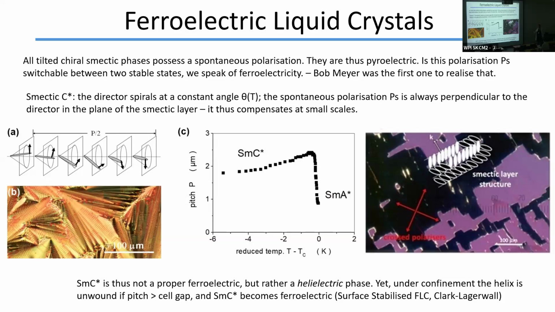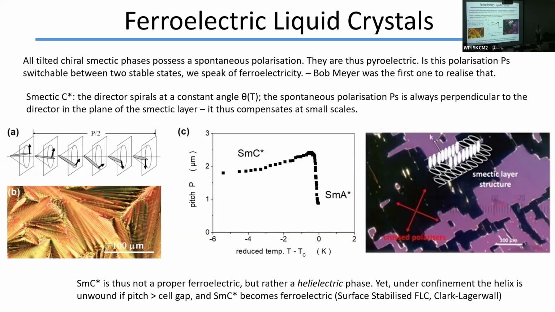And this idea actually came from Noel Clark and Sven Lagerwall. And they said, okay, if we put our helical smectic C* phase into a gap that is smaller than the pitch of the helix, then the helix will basically be unwound, and we are left with two domains.